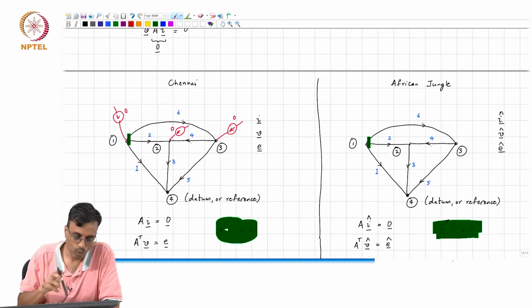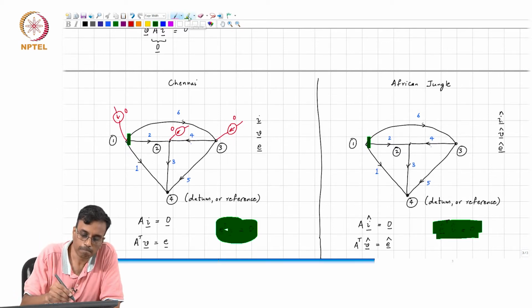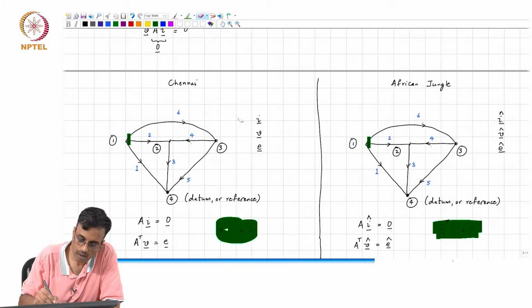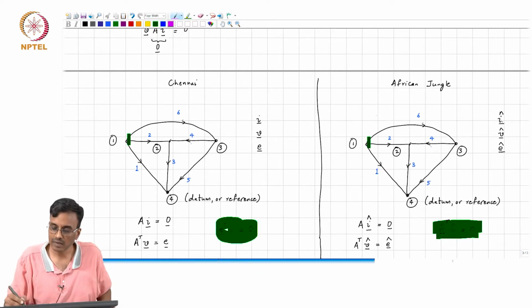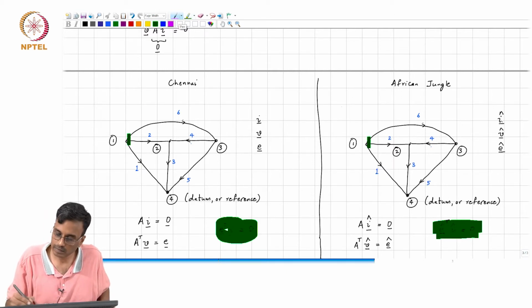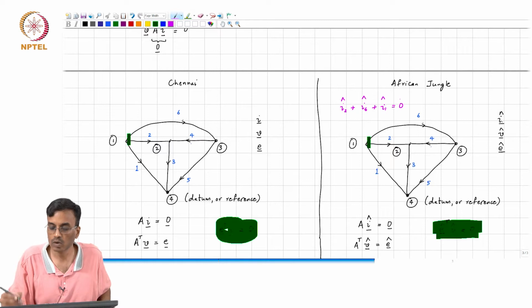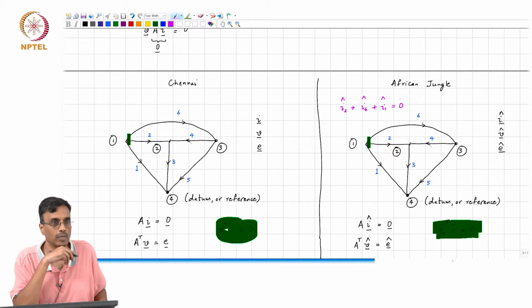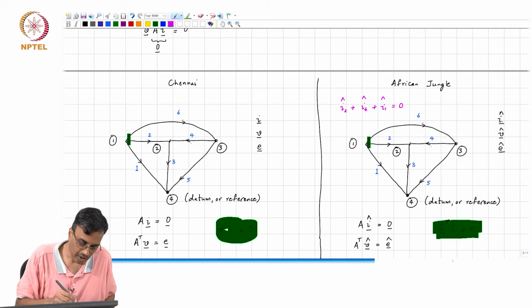I recognize that 0 can be written as I2 hat plus I6 hat plus I1 hat is equal to 0, correct.